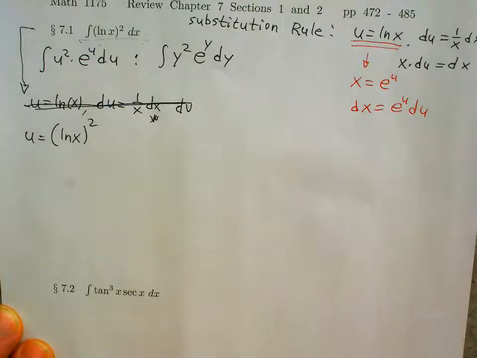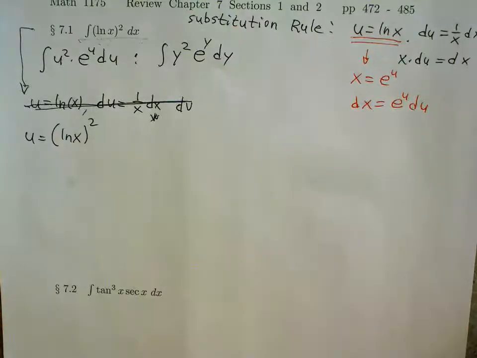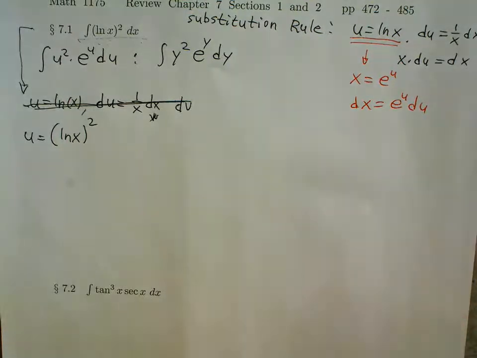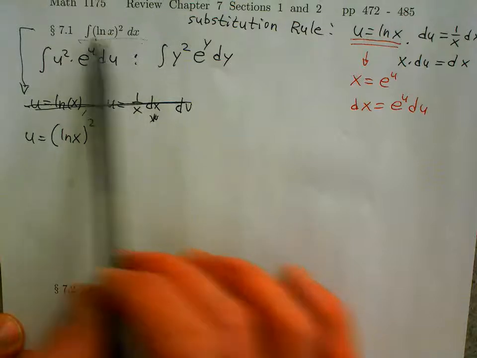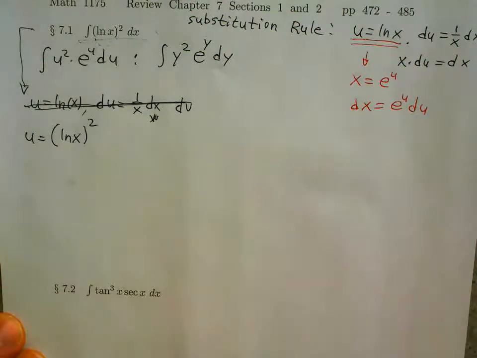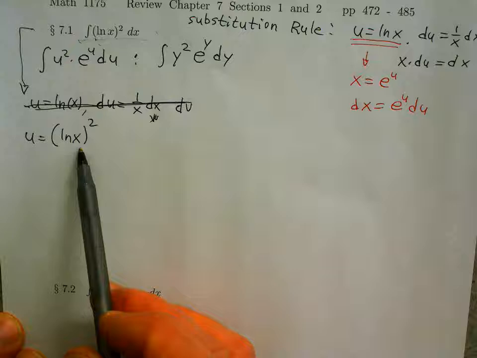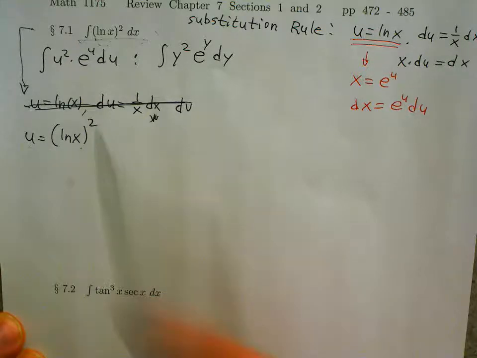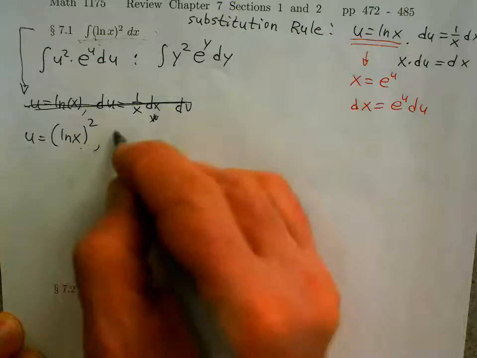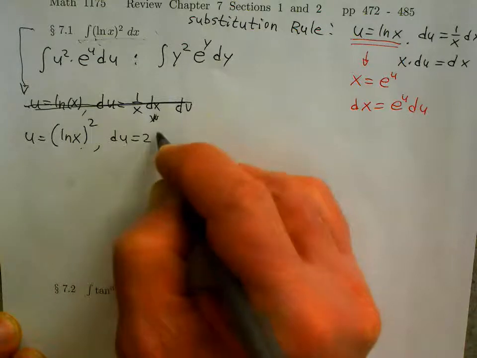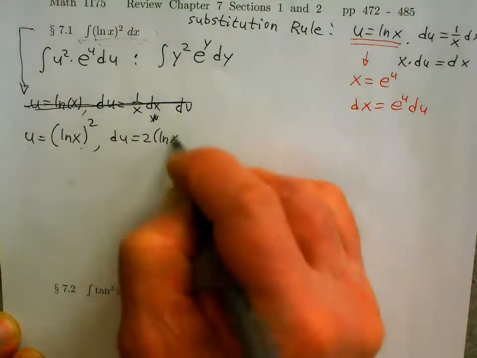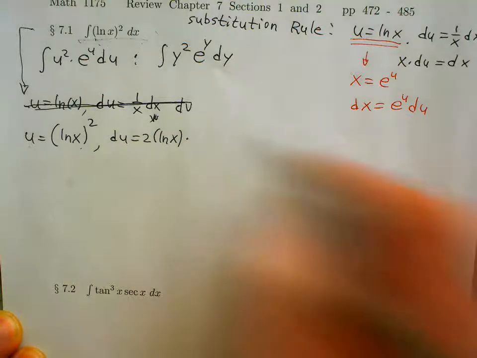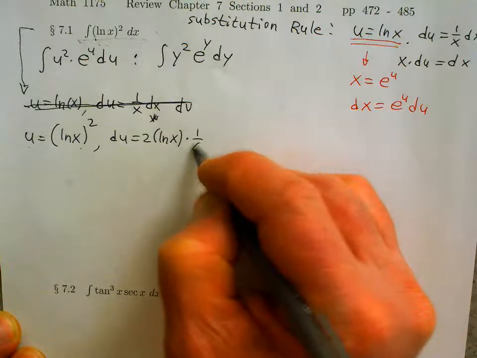So when we're using integration by parts, we have to pick u and dv that include everything in the original. That's why we need u to be the natural log of x, squared. And so du is 2 times the quantity natural log of x, and then by the chain rule, we multiply that by 1 over x dx.